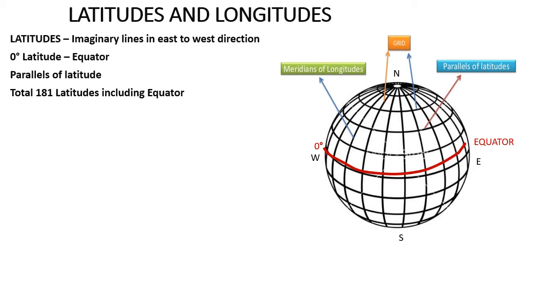Total 181 latitudes are there on the earth, including equator.